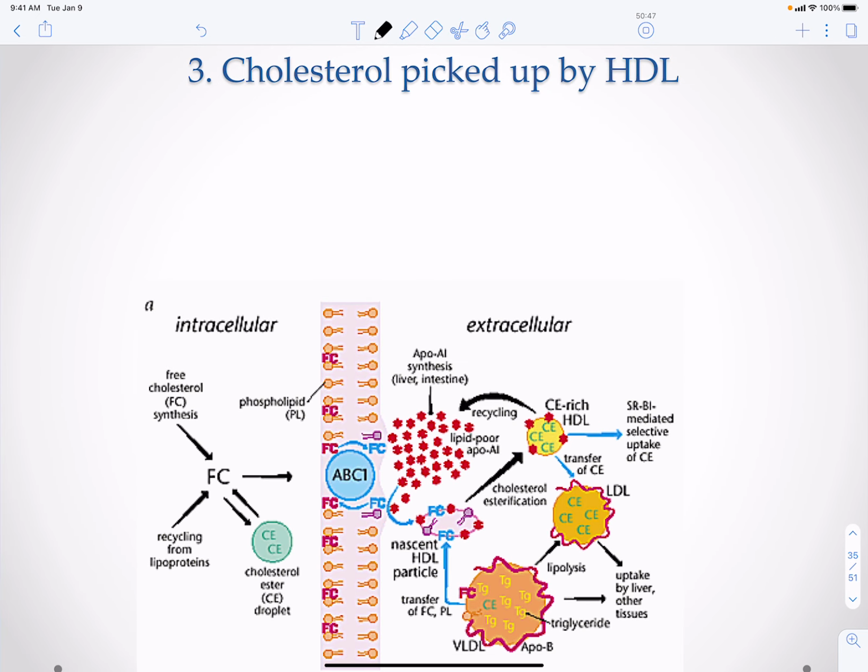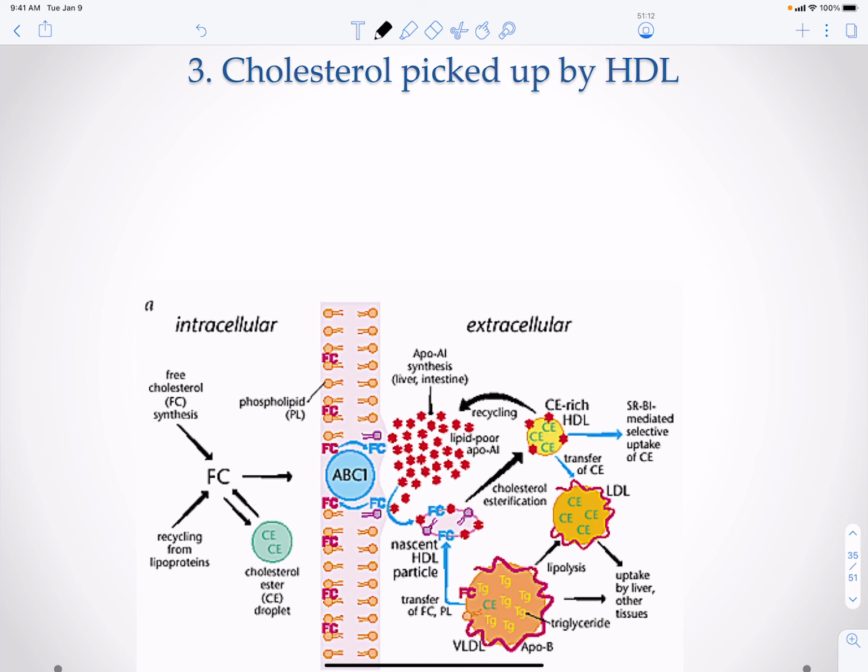This is important because remember, cholesterol is a big part of the cell membrane. But if cells pick up too much cholesterol, they have nowhere to put it. You can't break down cholesterol, so they just stick it in their membrane, and they become cholesterol laden. In vascular tissue in particular, you don't want a buildup of cholesterol in membranes because then it can get released, picked up by foam cells, and can start cardiovascular diseases.